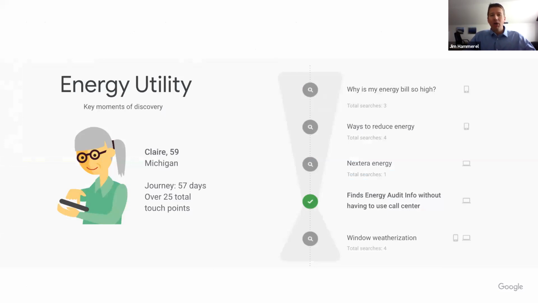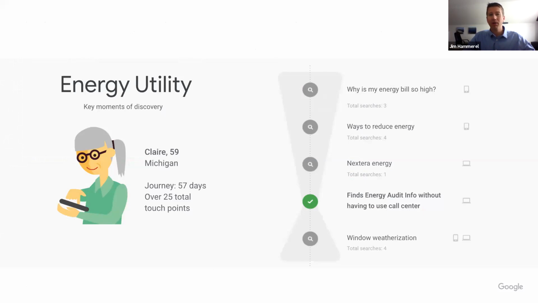Here's a persona of a typical energy utility customer. This is Claire. She's in Michigan. This is over a 57-day period. She had 25 total touch points. And it might include things like, why is my energy bill so high? Searches on her mobile device, through another search, maybe on her mobile device, on ways to reduce energy usage at her home.